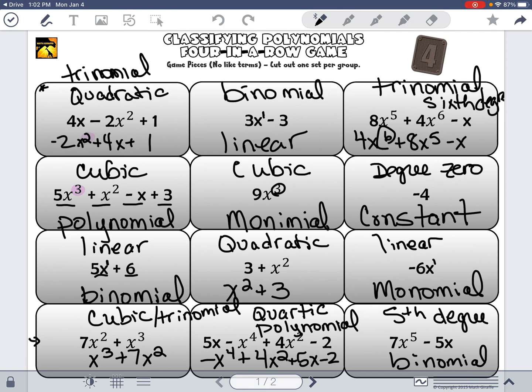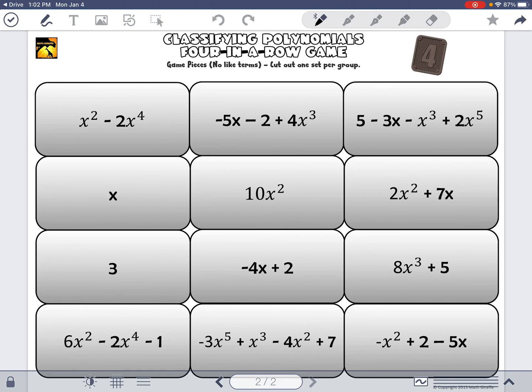Okay, there's some good practice. Let's go on to the next one. You can hit pause here, but I'm going to go ahead and write the answers to these on the sheet. Okay, I'm going to write them in a different color. And I'm going to rewrite them in standard form so that you get used to seeing them written in standard form or being able to put them in standard form. 2 terms, that makes it a binomial.